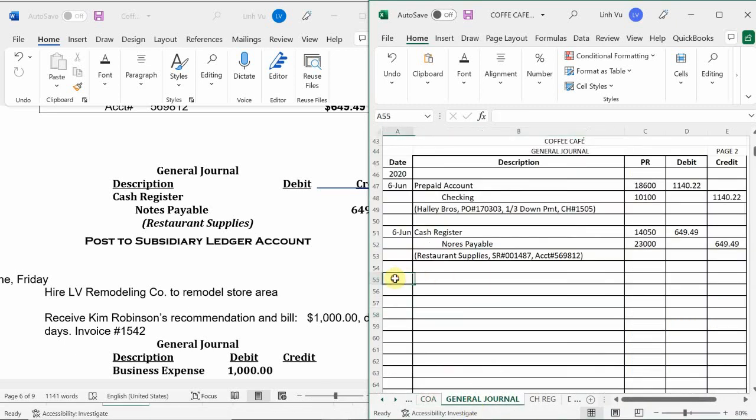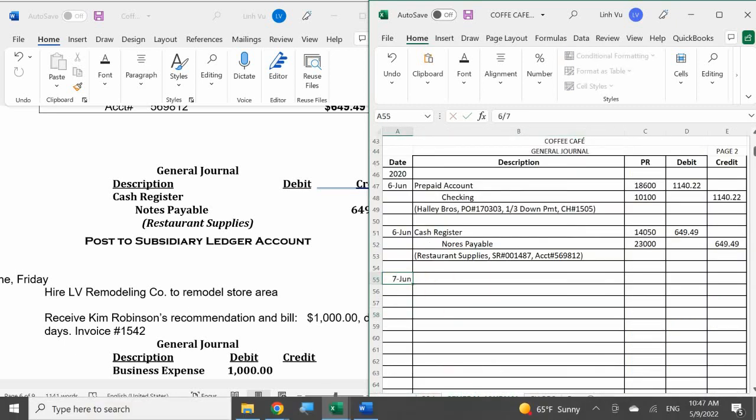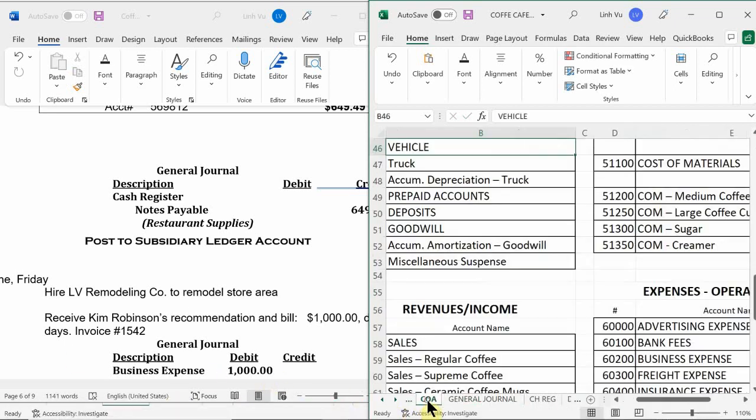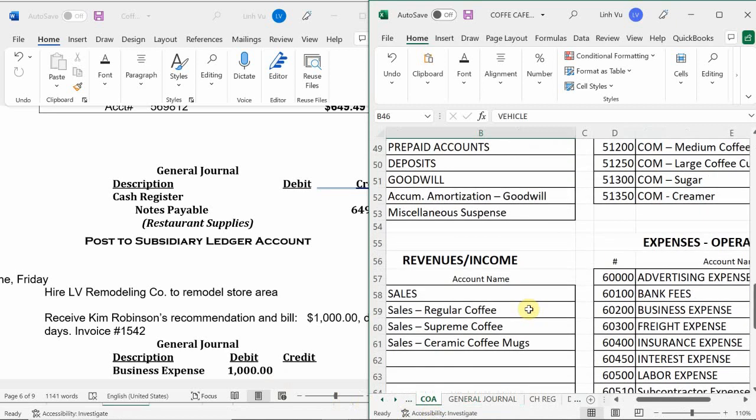We're going to recognize that Kim Robinson billed us because we hired her to do a business expense, which was account number 6,200, I think. Let's see. Business expense is 6,200.